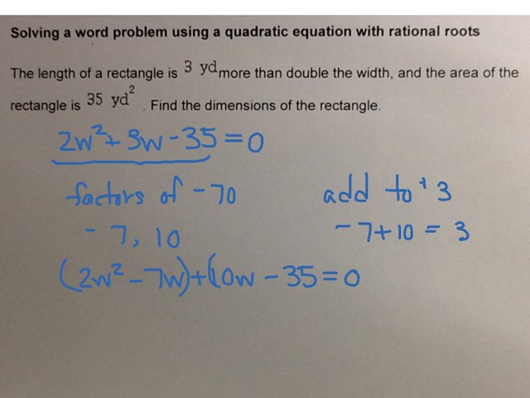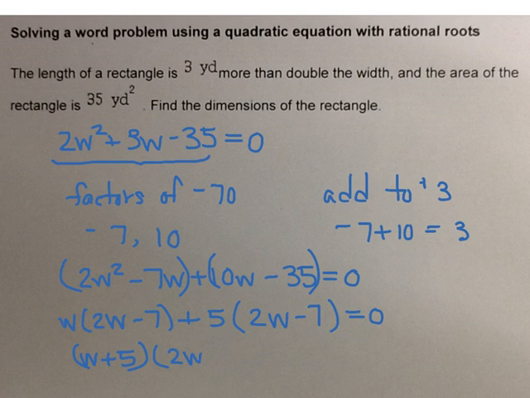So I group my first 2 terms, I group my second 2 terms, I pull out a W, and I'm left with 2W minus 7, plus, and I can pull out a 5 from this group, and I get a 2W minus 7. That equals 0. So now my factored form of my quadratic is W plus 5 times 2W minus 7 equals 0.